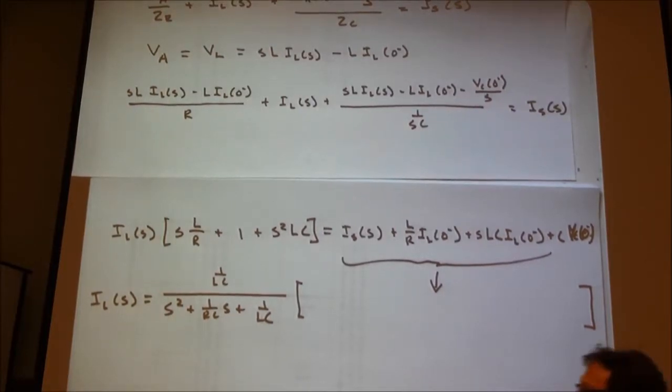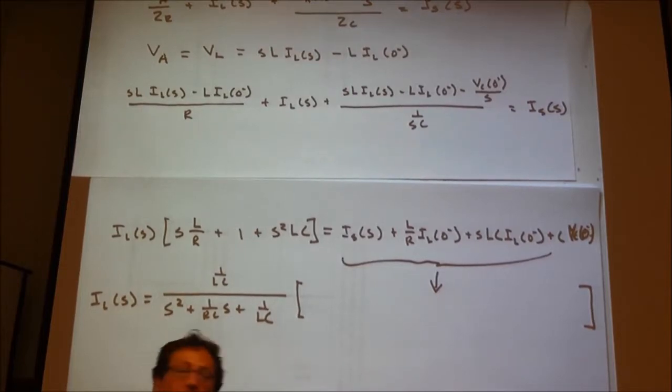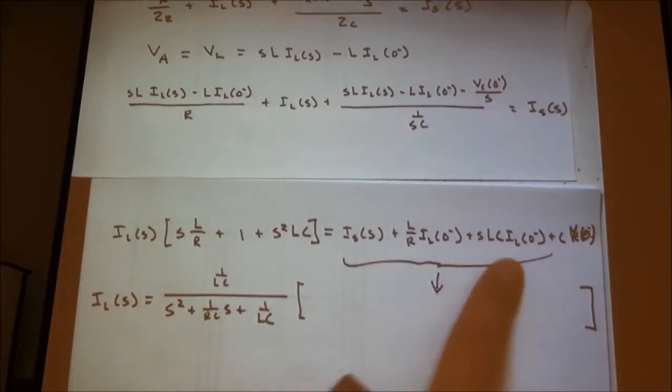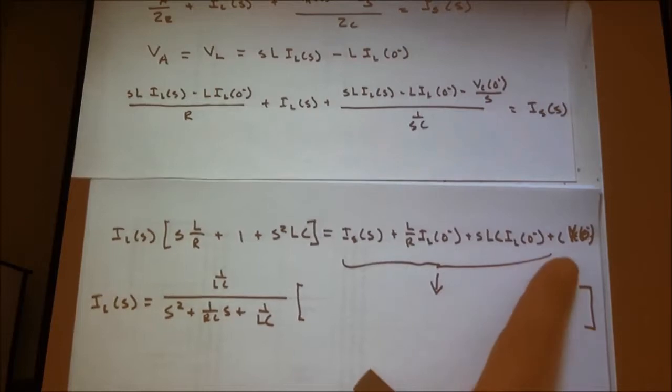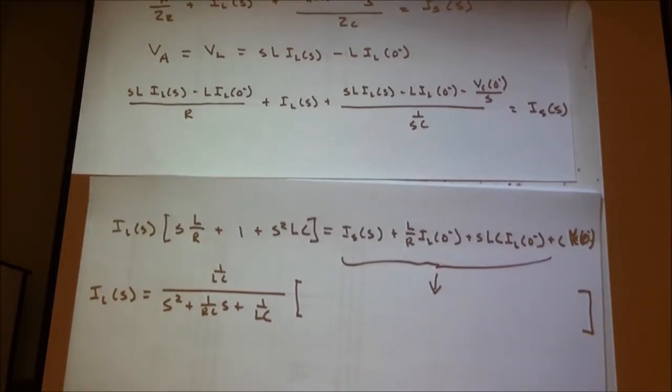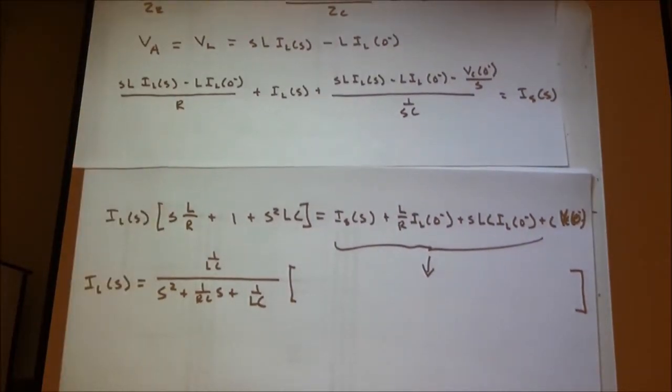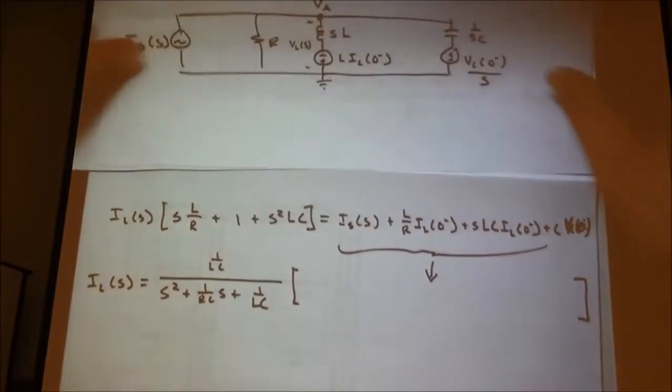And if you look at that, that would now be in a polynomial form. We have a constant on these two terms, an s in the numerator on this term, constant on that term. So everything's in a polynomial form. So that's it. Find the poles, find the zeros, and do the inverse Laplace transform. So that all came out of the circuit analysis.